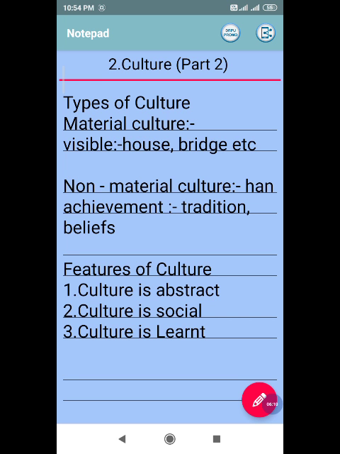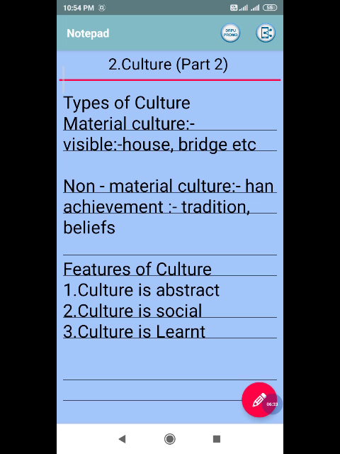Hence, culture is social. Culture includes all the things, not only one thing. It includes the whole people's life, food, dress and all beliefs. That's why this is a social subject. Culture is social.